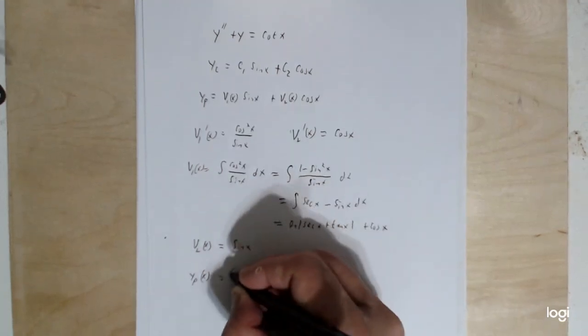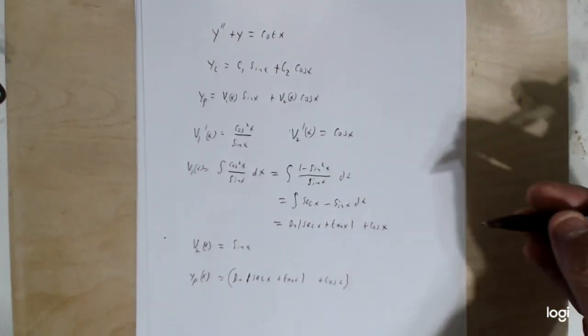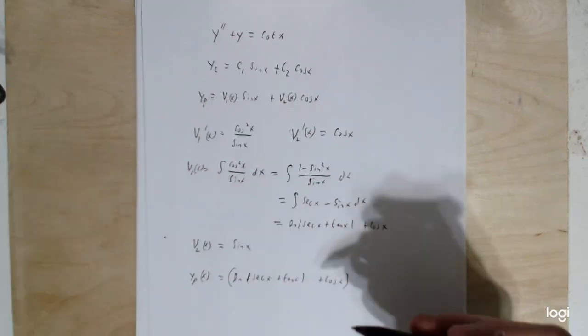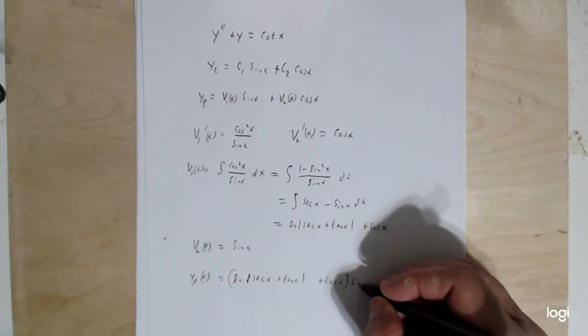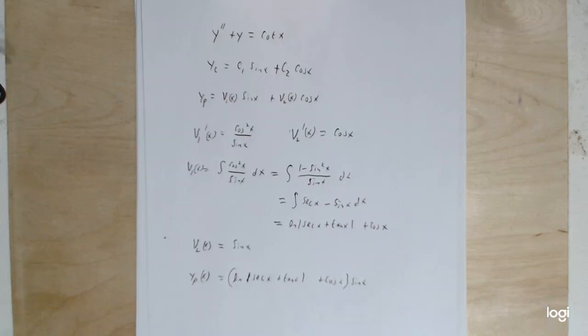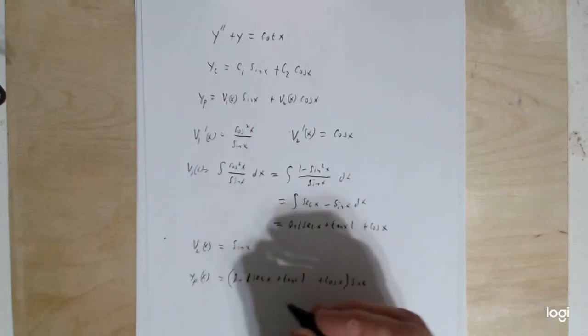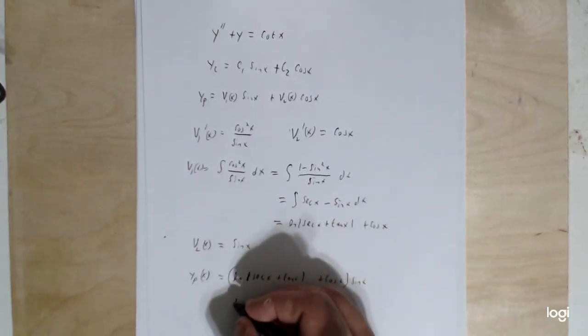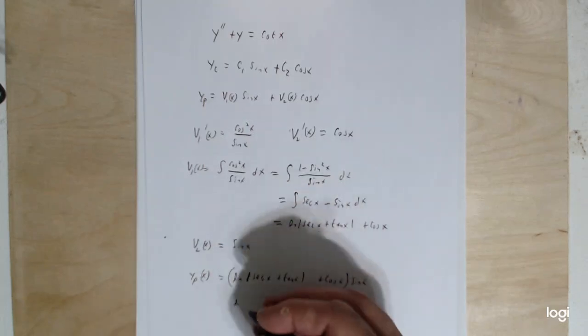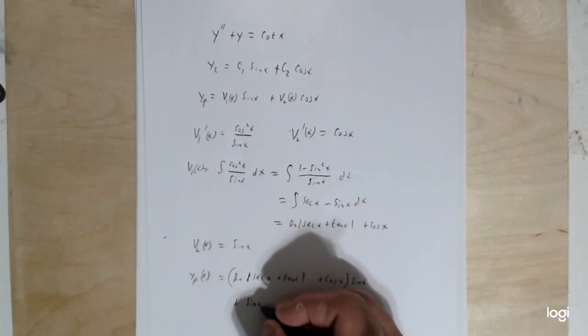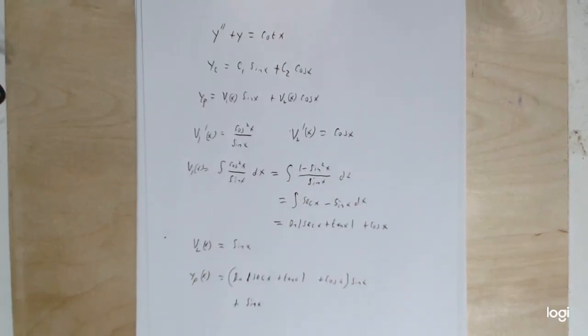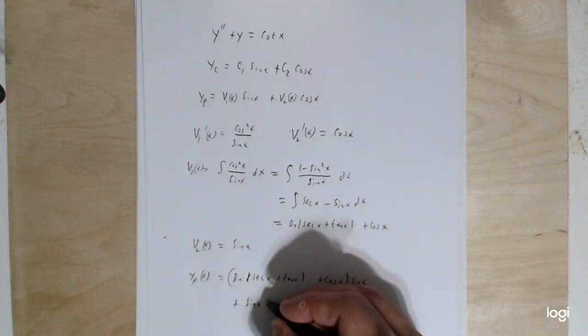That whole thing gets multiplied times our sine of x. And that's the first term. Then we have to tack on our v2 of x, which is sine of x, times cosine of x.